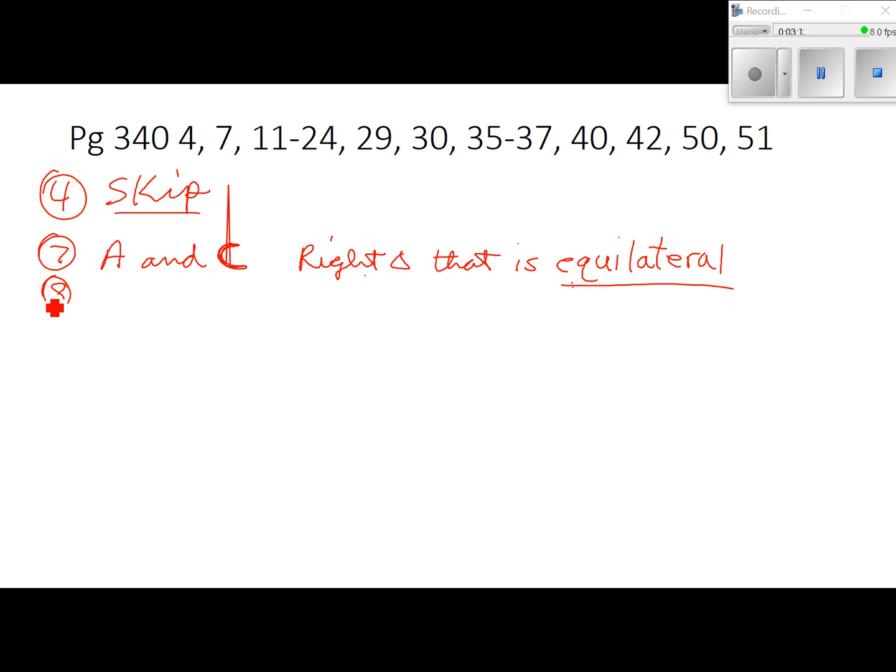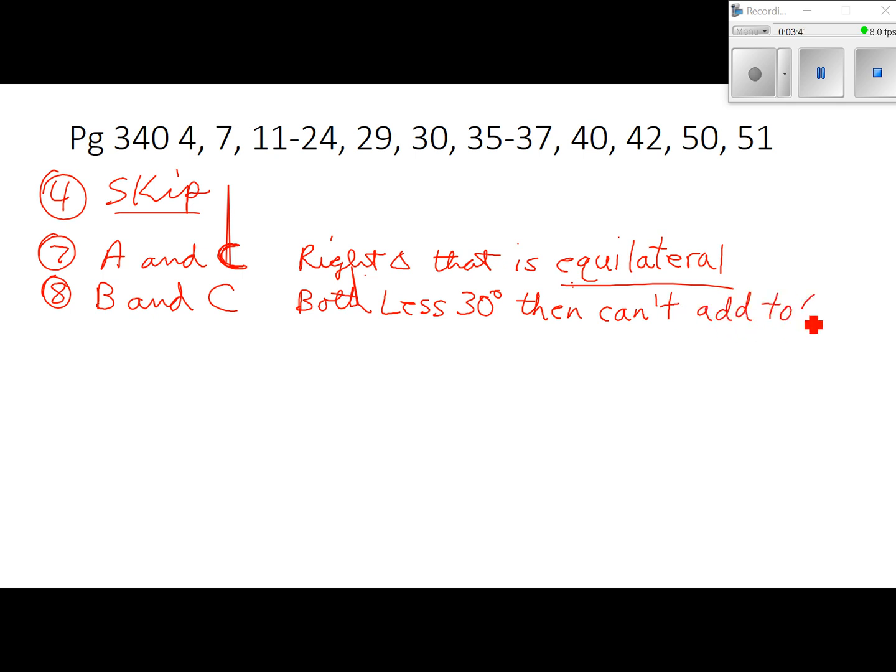In this one, it's B and C that contradict, because if both angles are less than 30, they can't add to 62. If both are less than 30, at least one of them would have to be larger than 30 for them to add up to 62 degrees. So B and C contradict each other.